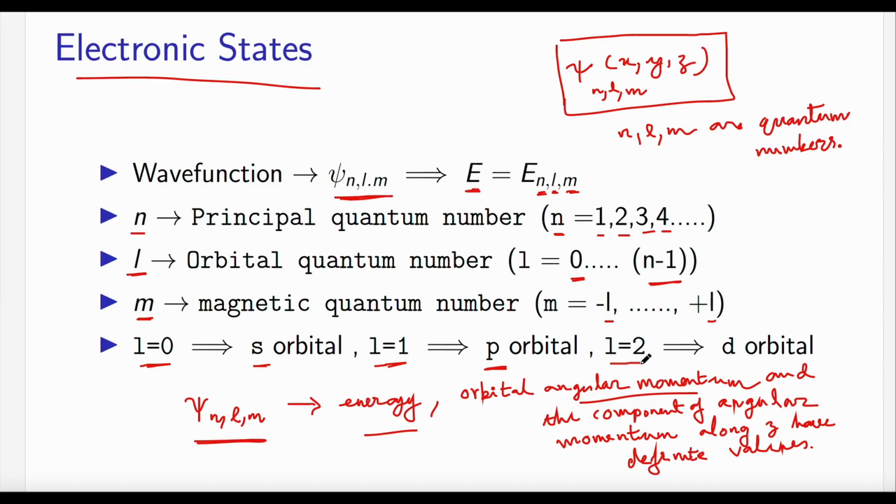If L is equal to 2, that quantum state is called the d orbital. Okay, so that quantum state is given by d orbital, and L is equal to 1 is the p orbital and L is equal to 0 is the s orbital. So let us find out what this means.